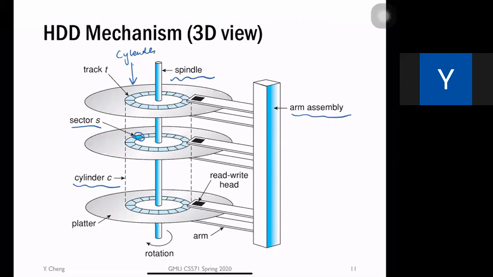Unlike the previous simplified example, in this case all these platters are spinning in the clockwise direction. But in a typical question, you'll be given an assumption that specifies the rotation direction of a disk platter.